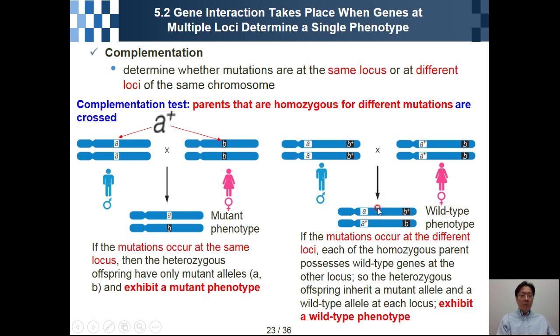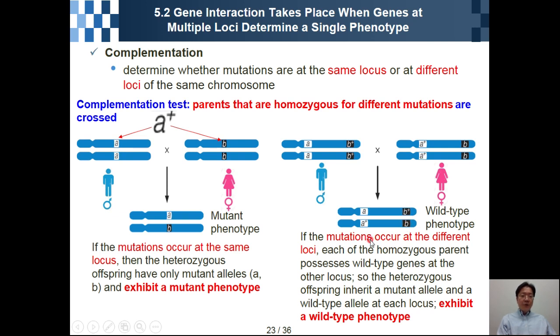How about in these cases? In this locus, they have small a and A plus, the wild type. A plus is dominant over small a, so they will have the wild type. How about here? B plus is dominant over b, so they will have the wild type phenotype.